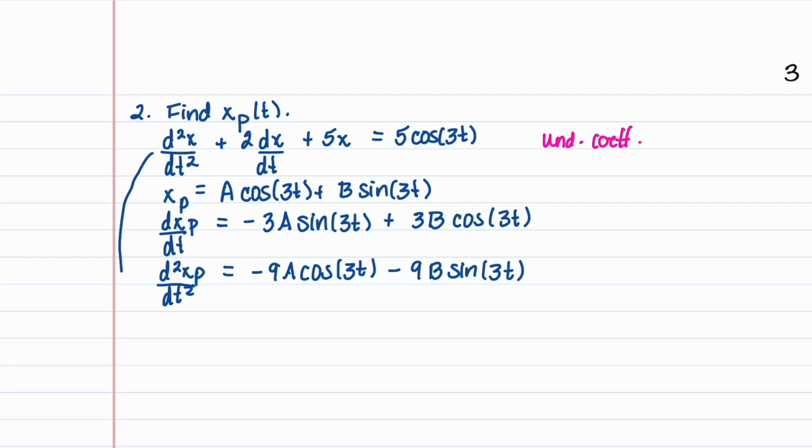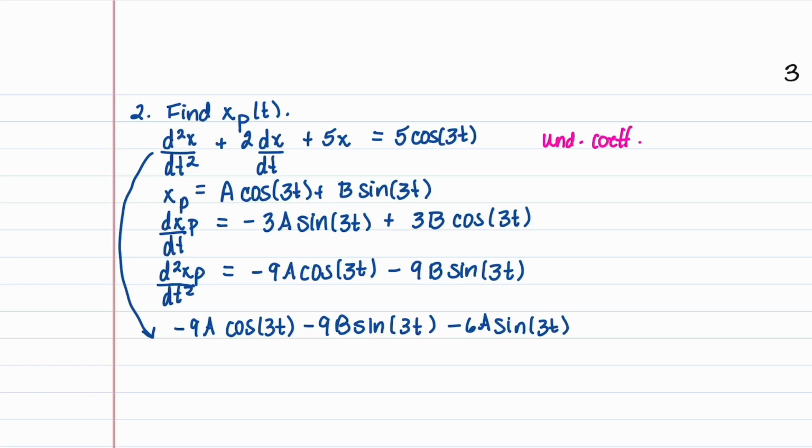Now we can substitute all of this into our equation, and we have a minus 9a cosine 3t minus 9b sine 3t. And then we have 2 times our first derivative, so this gives us a minus 6a sine 3t plus 6b cosine 3t.